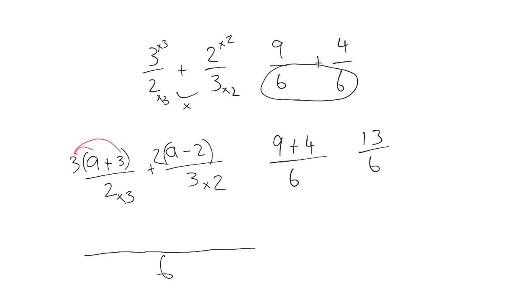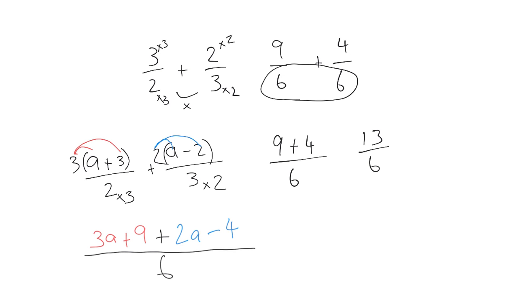And so we end up with 3a plus 9, because 3 times a is 3a, 3 times 3 is 9. Then we're going to add, and the same deal over here, 2 times a. Well, 2 times a is 2a, and 2 times negative 2 is negative 4.